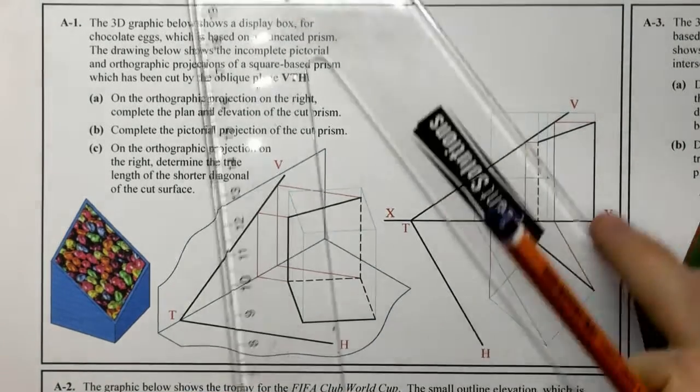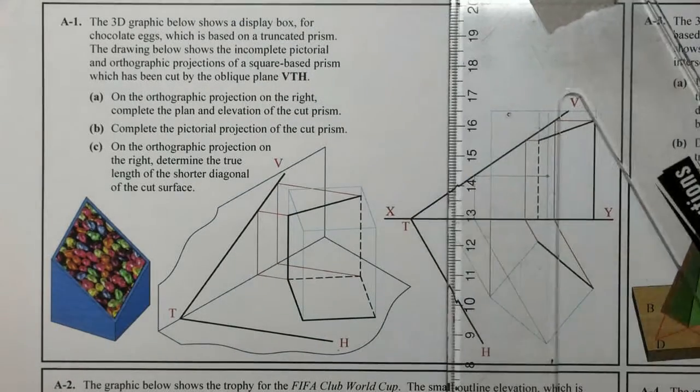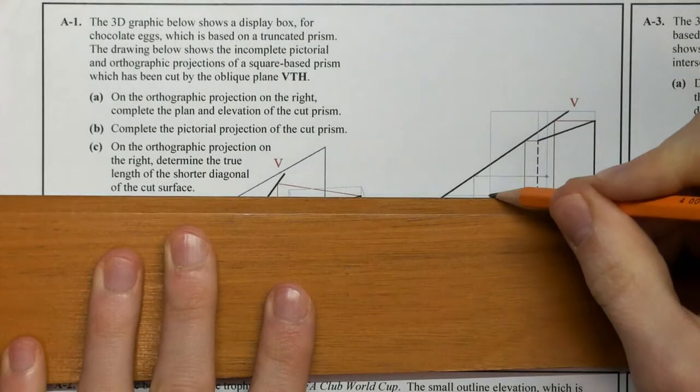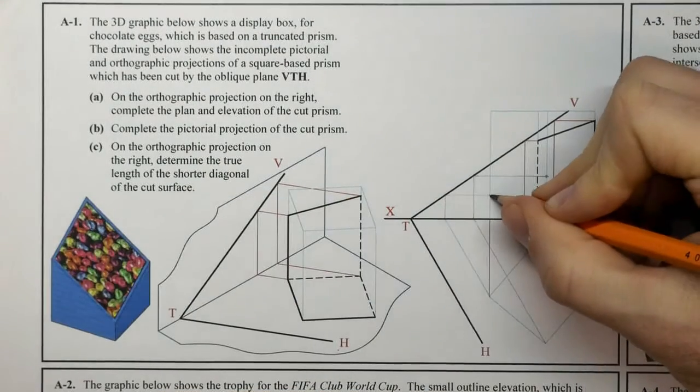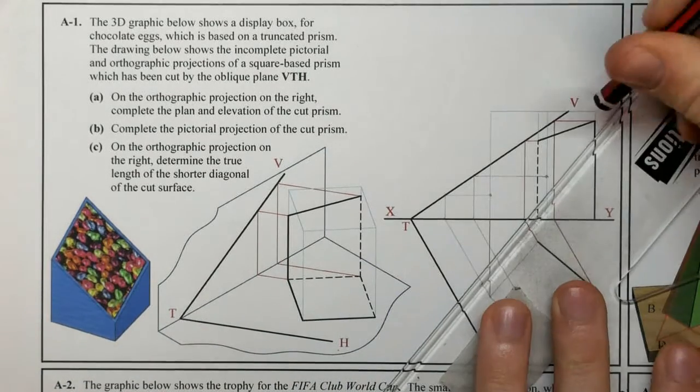I'll repeat the same step for that bottom edge, vertically up, and it's a horizontal cut, so there it is. So now I can draw in my cut surface.